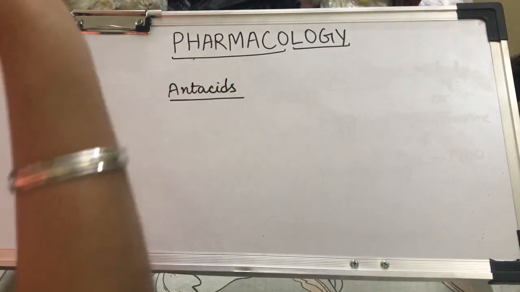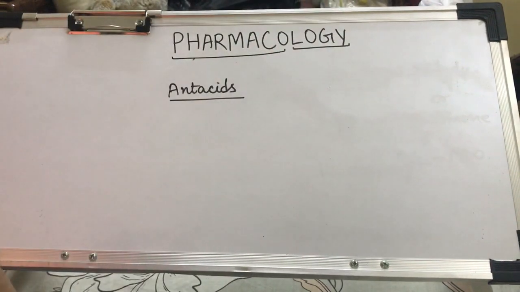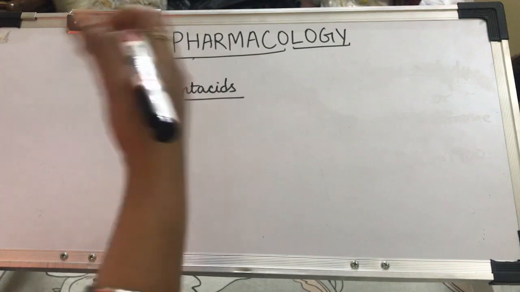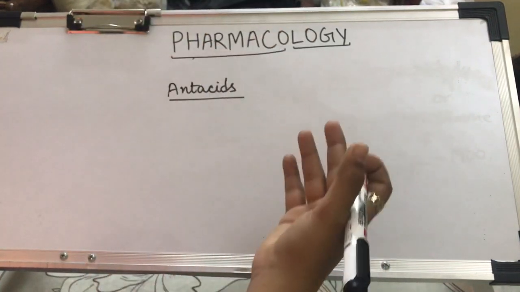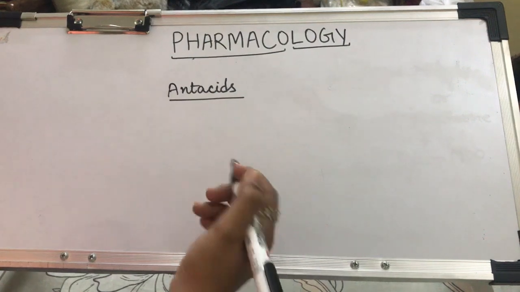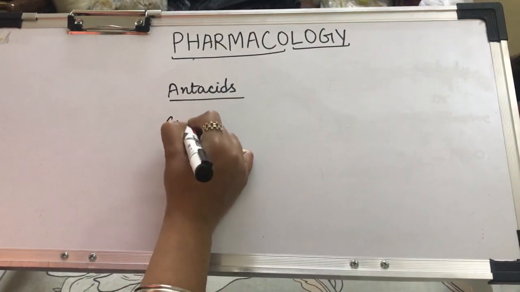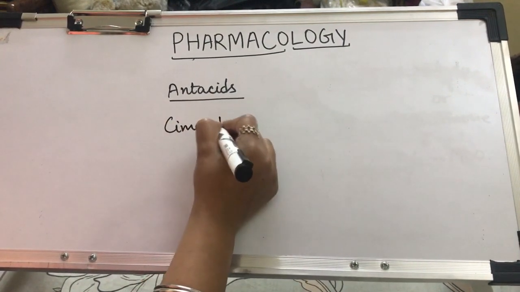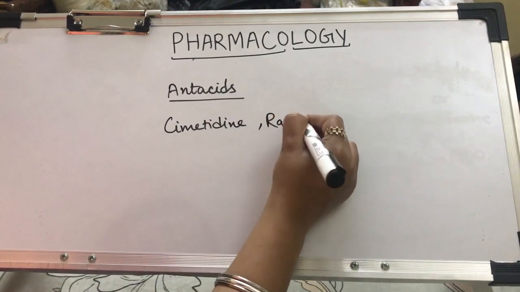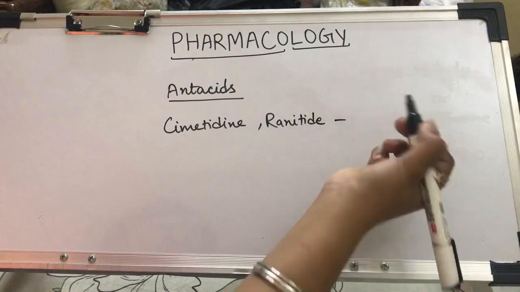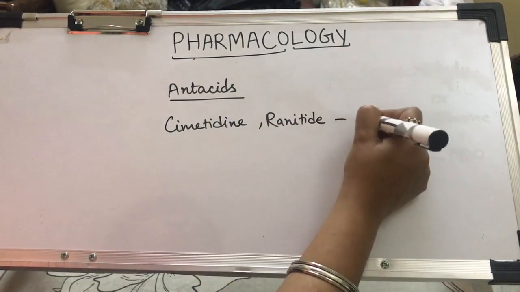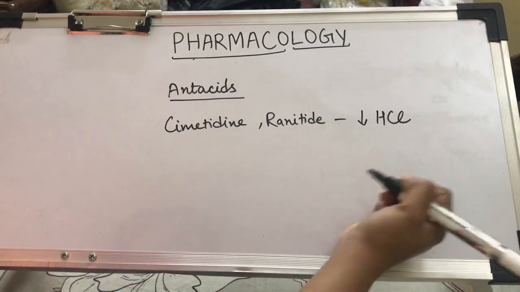It is just going to form a lining around the inner lining of the stomach and prevent that acid from causing further damage. Or there are certain agents such as cimetidine or ranitidine, which are histamine blocker agents, and they are basically going to lower the HCl secretion.